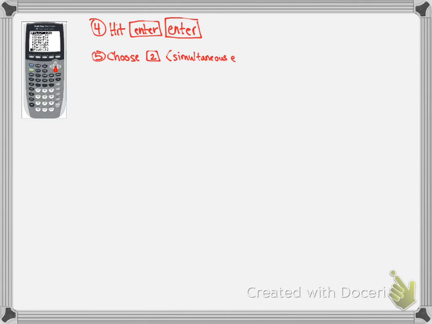So on the graphing calculator, when you hit apps, you're going to find PolySmlt2 and you're going to hit enter, enter. Then choose number 2, which is simultaneous equation solver.